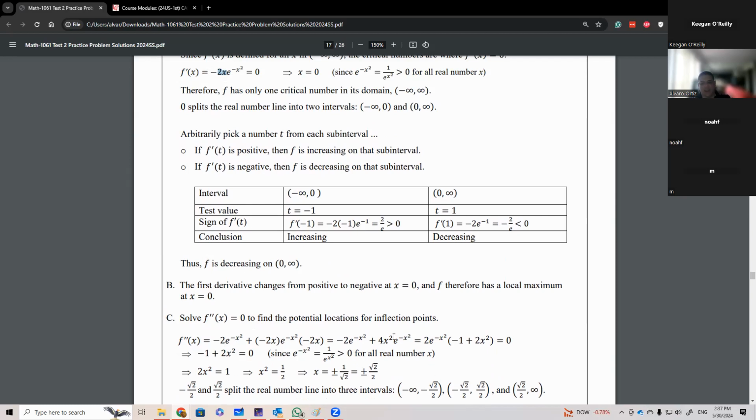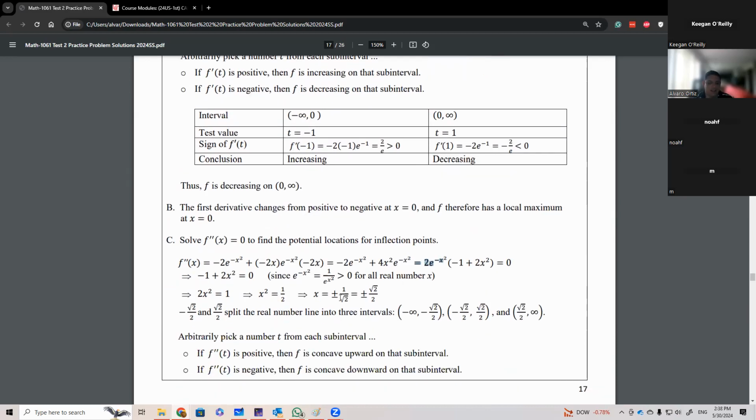So I end up having that the second derivative is going to be 2 e to the minus x squared times minus 1 plus 2x squared. Now, again, the exponential cannot be 0, but this term here can be 0. This is a polynomial. We have 2x squared minus 1 equals 0. That means that f double prime is going to be 0 at x equals plus or minus 1 over square root of 2.